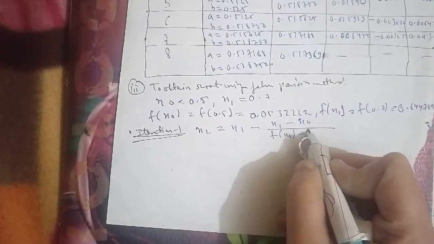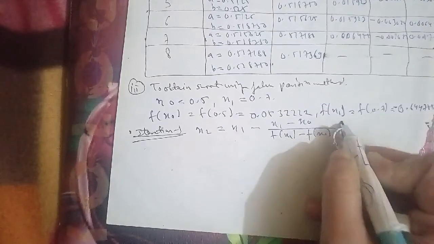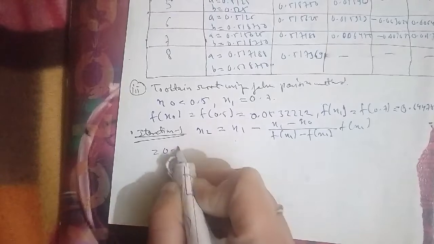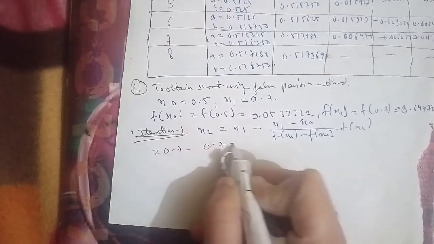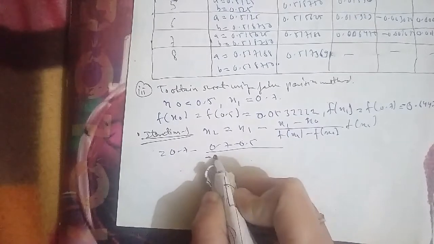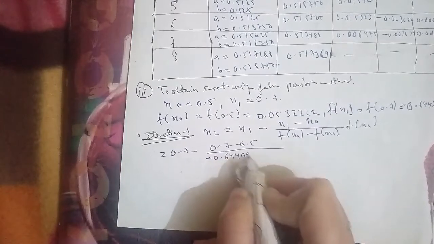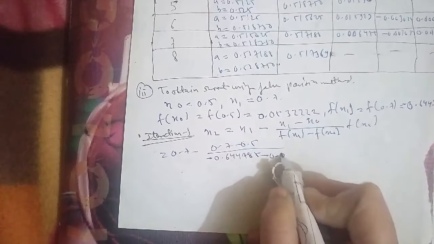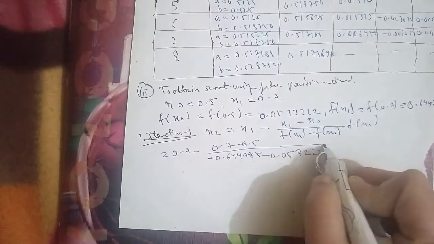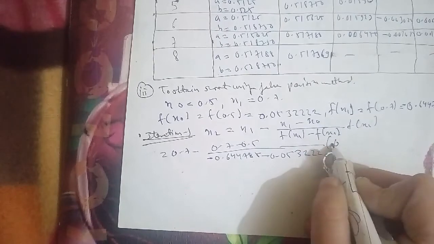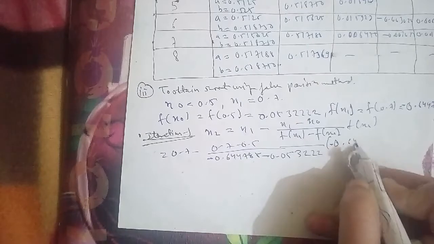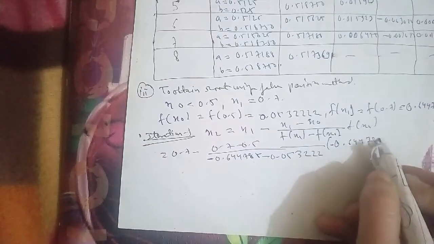That is 0.7 minus (0.7 minus 0.5) upon (minus 0.644785 minus 0.053222), which equals 0.515250.